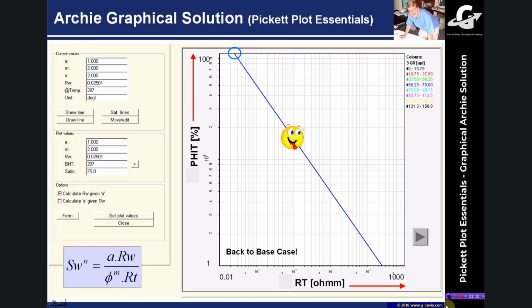Okay, so there we are back at our base case with our 100% water saturated rock at a certain resistivity. So here we are at our 18% porosity rock at a certain resistivity. What happens if we put oil into the system? We keep the porosity the same and put some oil into the system.